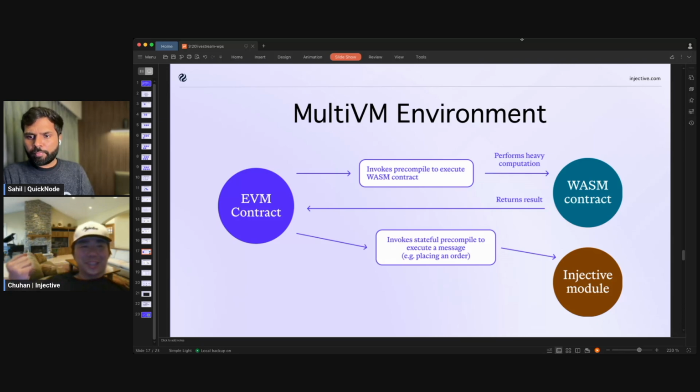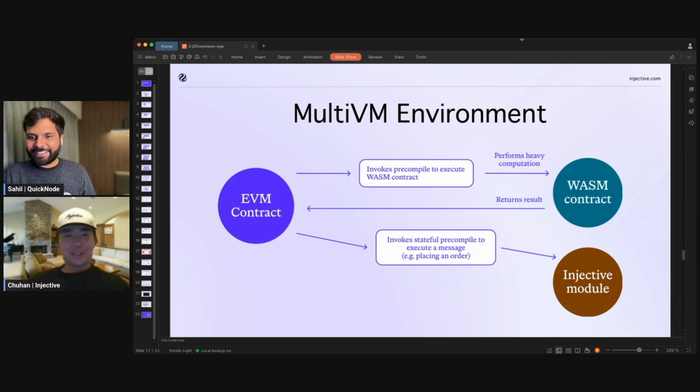You can do something like that. So your Solidity contract can actually interact with a Wasm contract, but it does not mean you have to transfer them. Right, it makes the connection between these two.